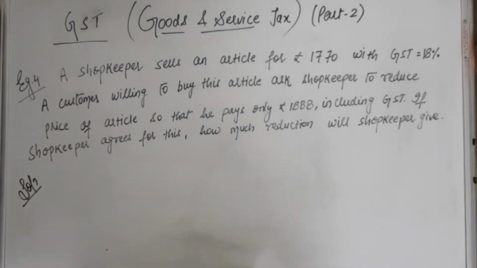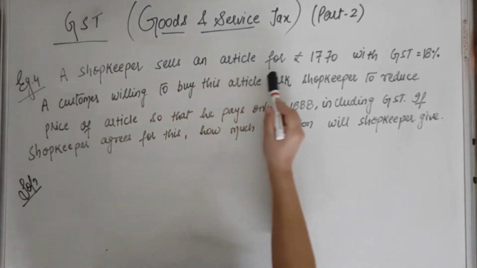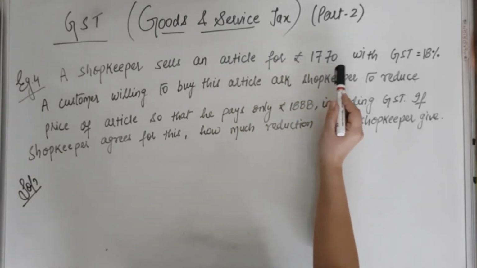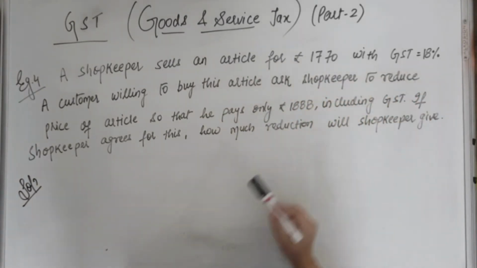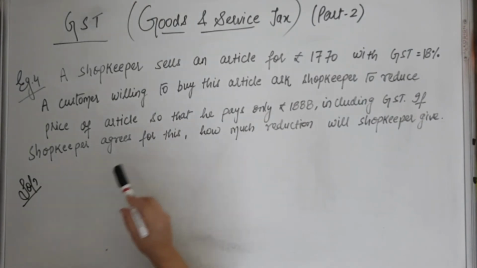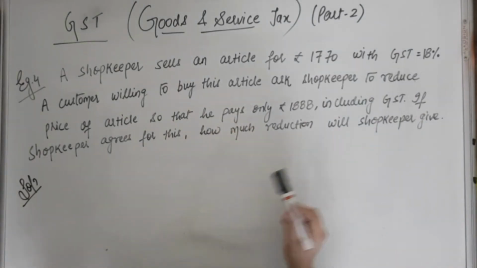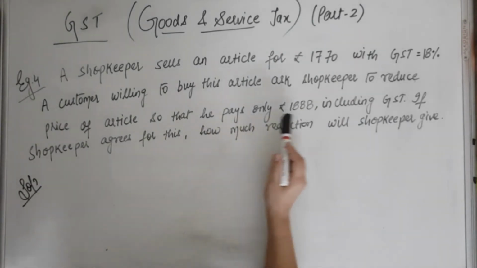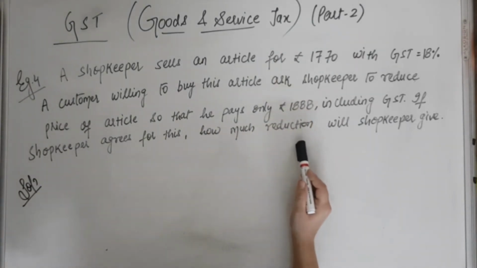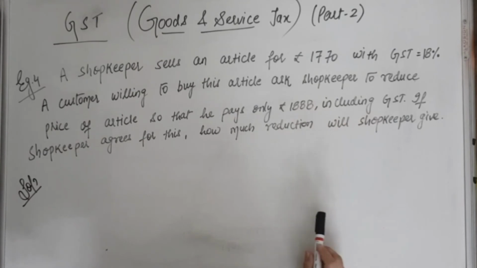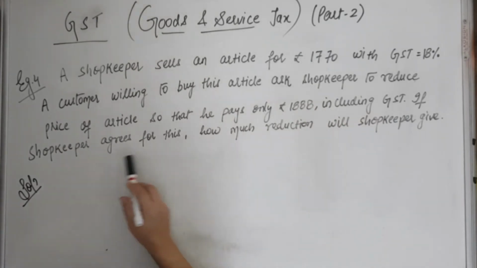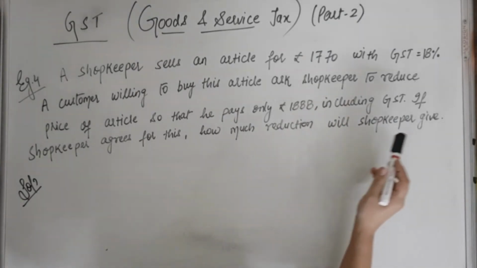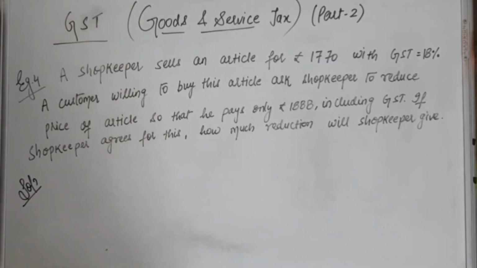So the question is, shopkeeper sells an article for rupees 1770 with GST 18%. Customer willing to buy this article asks shopkeeper to reduce the price of the article so that he pays only rupees 1888 including GST. If shopkeeper agrees for this, how much reduction will shopkeeper give?